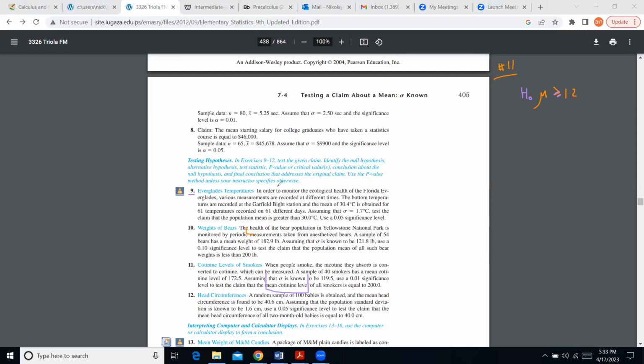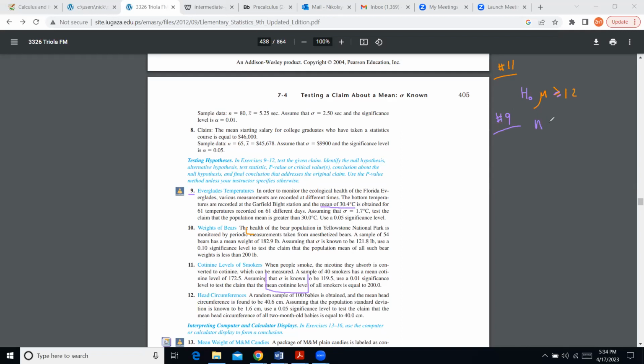They're trying to monitor the ecological health, and they say the bottom temperatures recorded in some station with the average of 30.4 obtained from 61 temperatures.